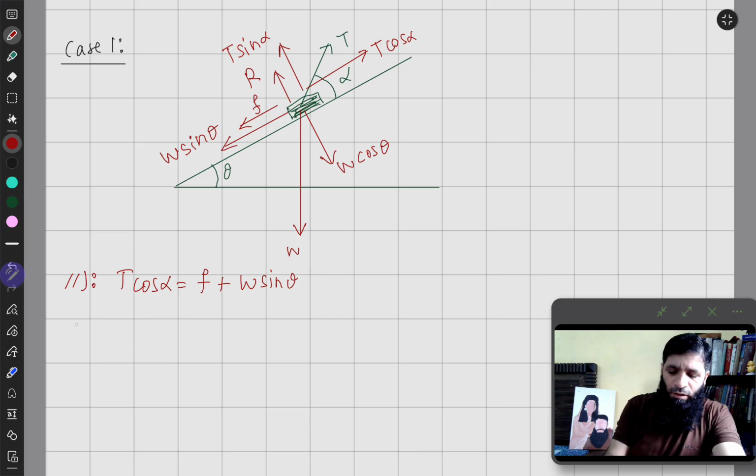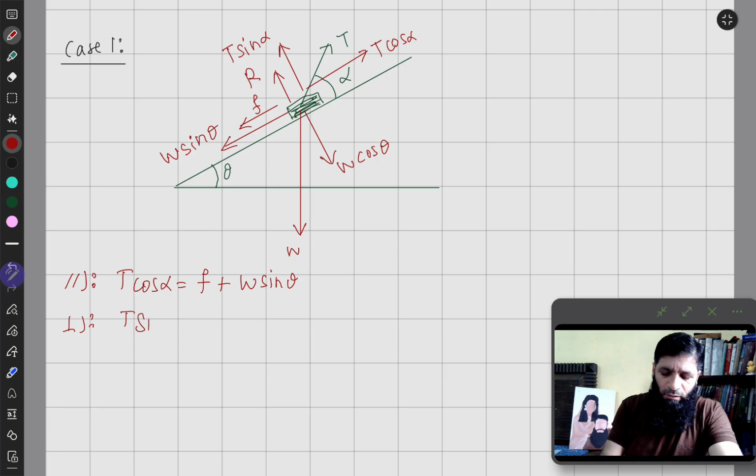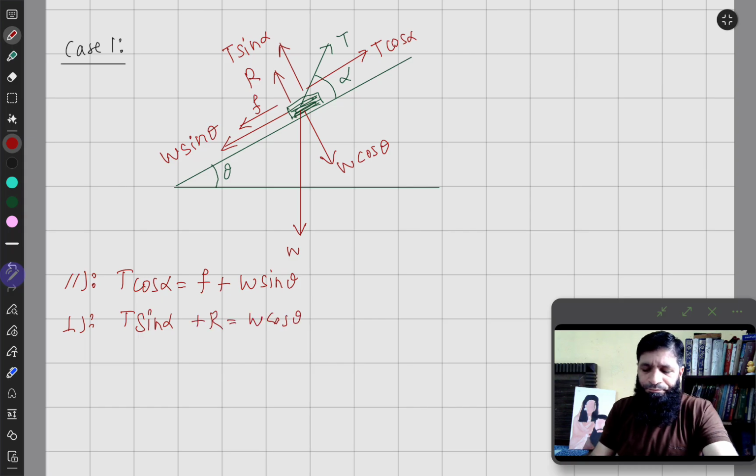And similarly, if you talk about the perpendicular forces, you have three perpendicular forces. Two perpendicular forces are upward, and one perpendicular force, which is W cos theta, will be downward. So you can have an equation T sine alpha plus R, that will be equal to W cos theta.